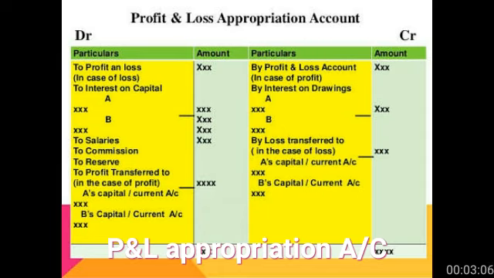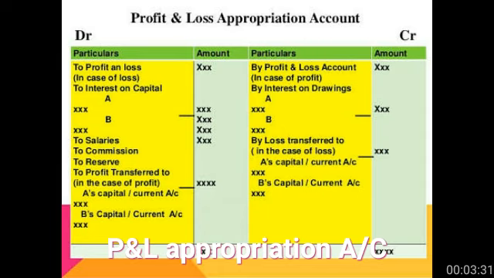Now once you go for the total, the sum is over. By chance, if credit side total is more and debit side total is less, then on the debit side, this profit will be distributed. It is also known as divisible profit.